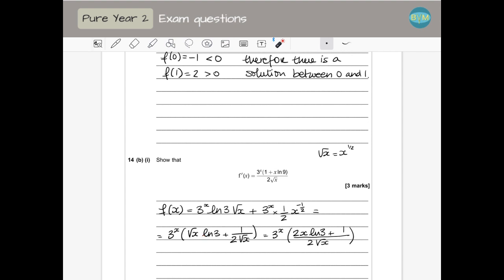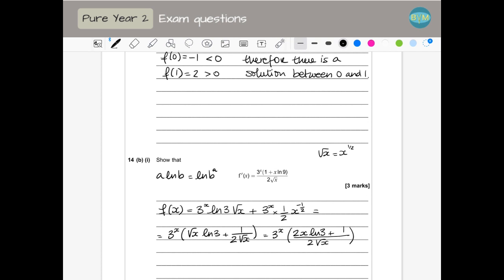So I have 3 to the power of x and 2 root x times root x ln 3. I have 2, and root x times root x is x, and ln 3 plus 1, all divided by 2 root x. I'm just adding these two terms. And now I'm very close because I have the 2 root x, and this x ln 9 comes from bringing the 2 to the exponent. Remember, a ln b is ln b to the power of a.